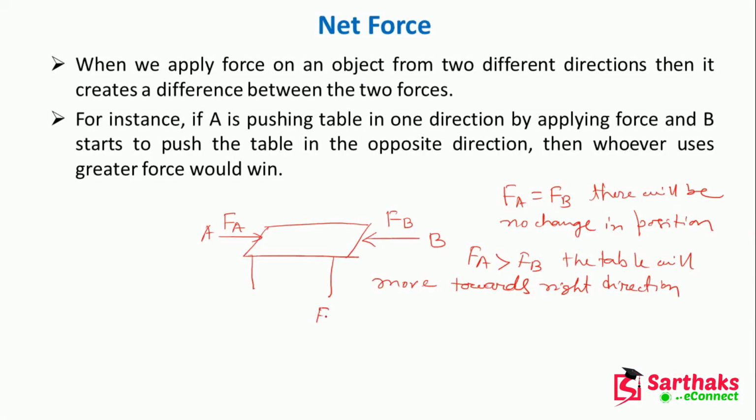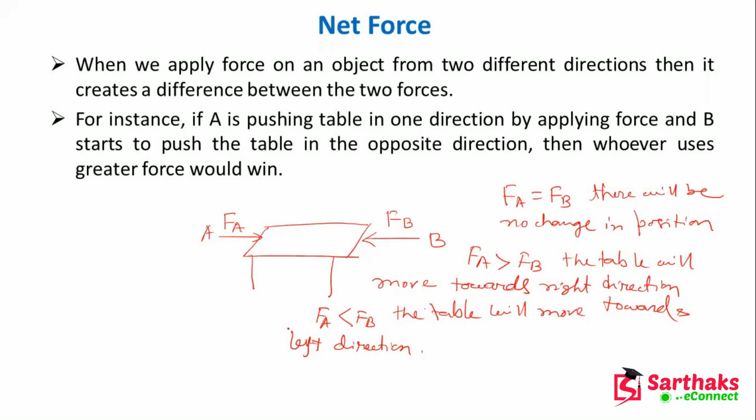Now, if FA is less than FB, then the table will move towards the left direction. Okay, towards the left direction.